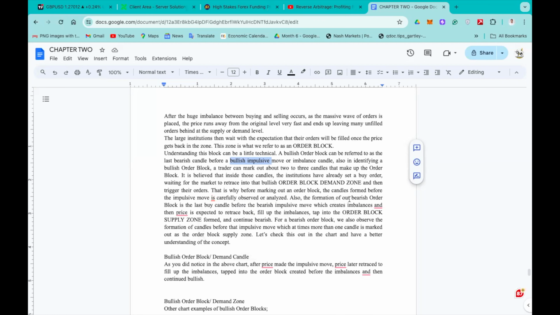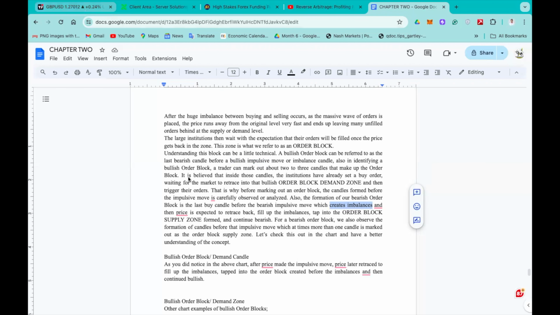Also, the formation of our bearish order block is the last buy candle before the bearish impulsive move, which must create an imbalance. Then price is expected to retrace back to fill the imbalance, tapping into the order block supply zone formed, and continue bearish.